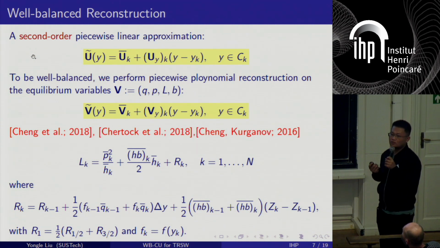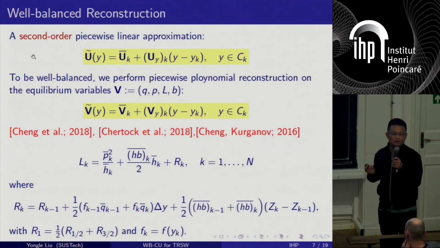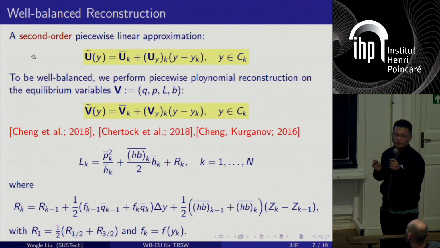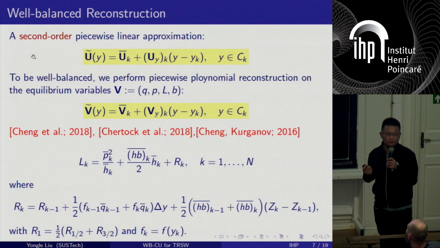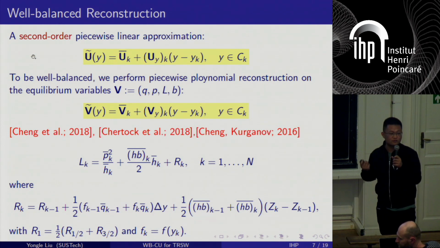So at some time level t, if we have the U bar k, we can use any difference method to obtain the slopes. However, if we directly perform this reconstruction, we cannot get a well-balanced scheme, because our steady data is P equal to 0 and L is constant. If we reconstruct H, we cannot guarantee L is a constant.